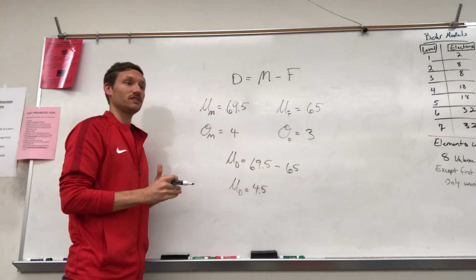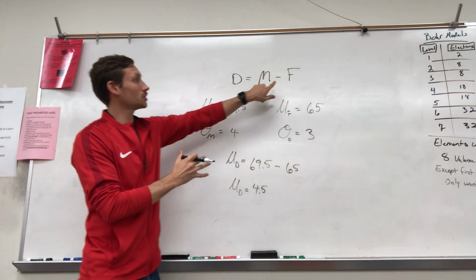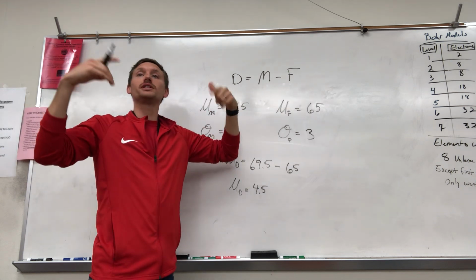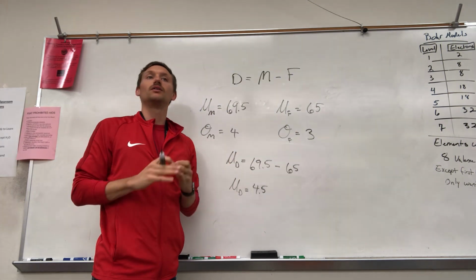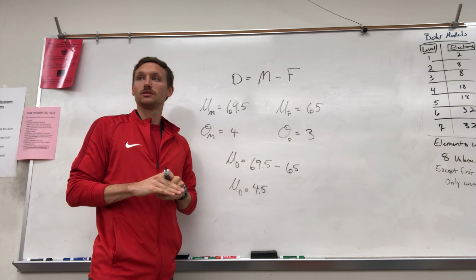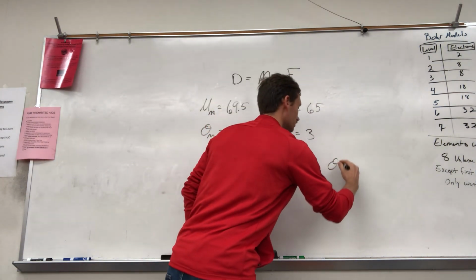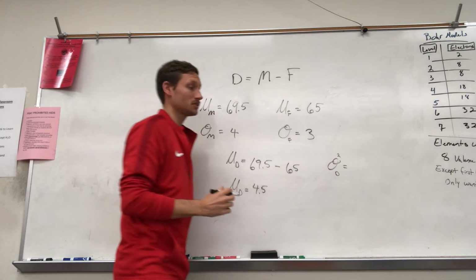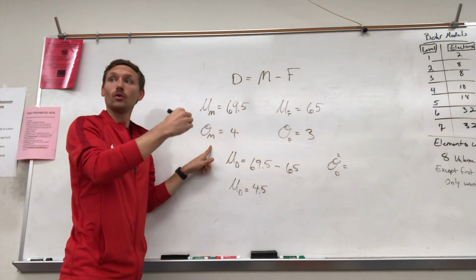Find the standard deviation. This is the reason I picked this problem, for the standard deviation part. Just because we're subtracting the variables, we're still increasing the amount of variation. So we never subtract variances. We always add variances. So for the standard deviation, first we have to get the variances. The variance of the male's height is going to be 4 squared.